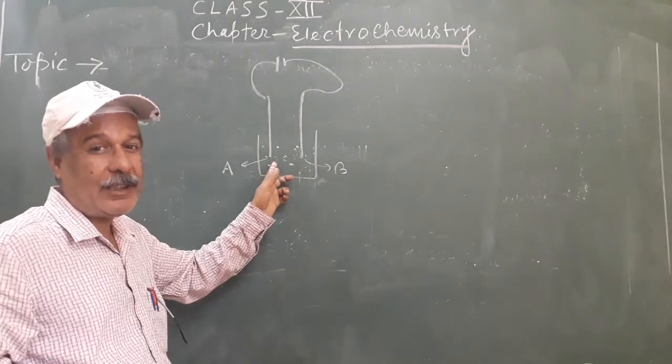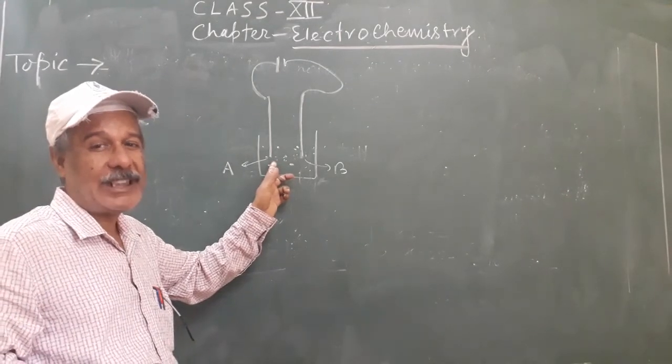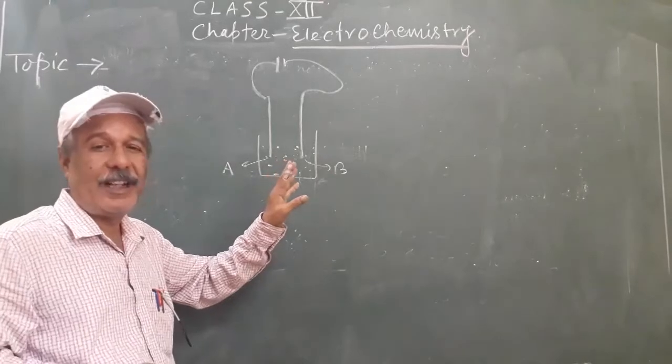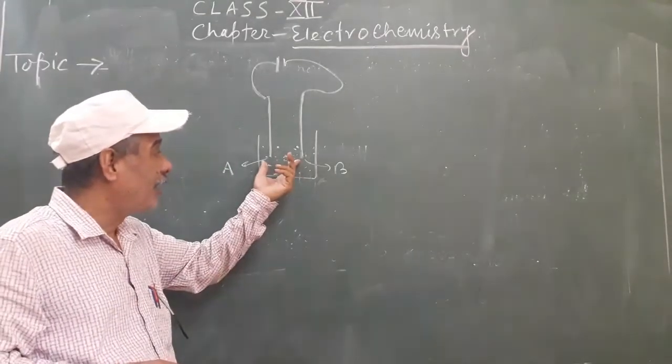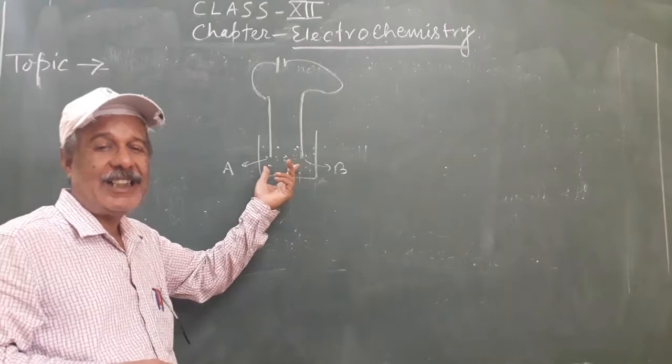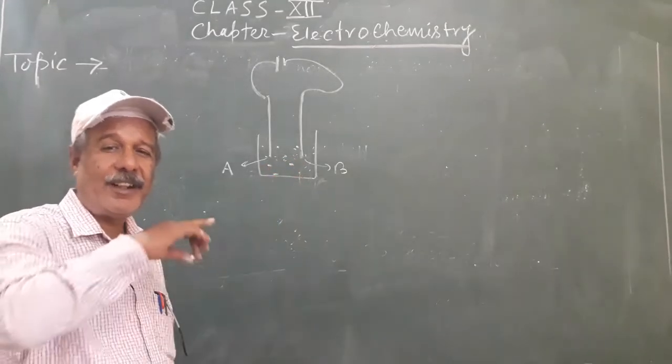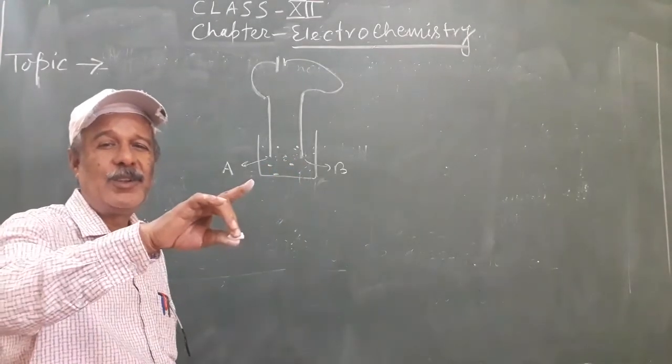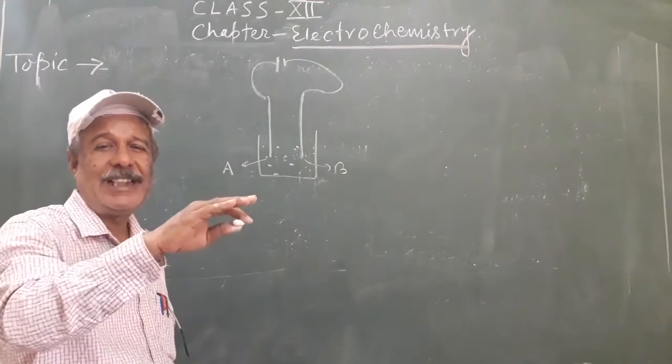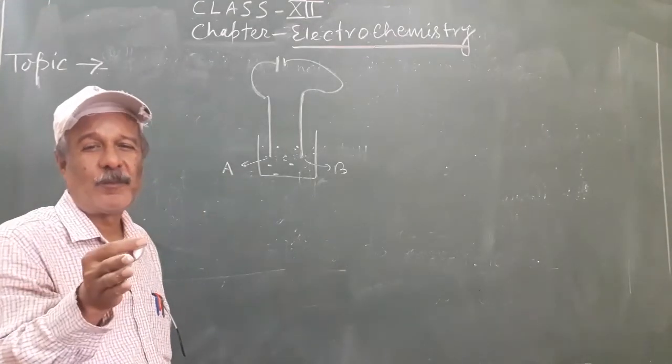Correct? Even in competitive exams, when such a type of question comes with a diagram and it is asked in between A and B, current is flowing through, the first option given is liquid, which is wrong.